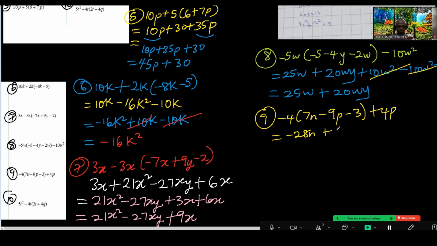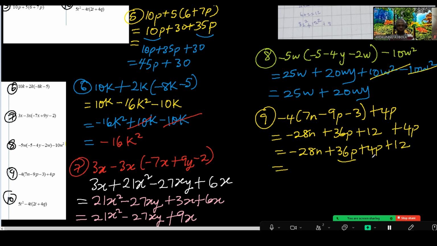Then positive 36p, and positive 12. Then we have plus 4p outside there. So we have p and p that we can combine. So that is negative 28n plus 36p plus 4p plus 12. Then 36p and 4p will give us 40p.